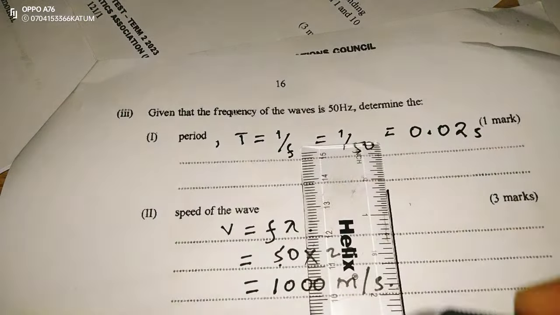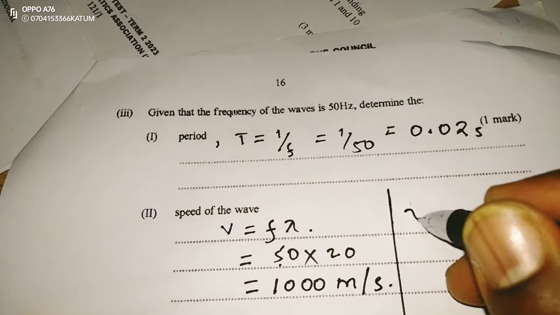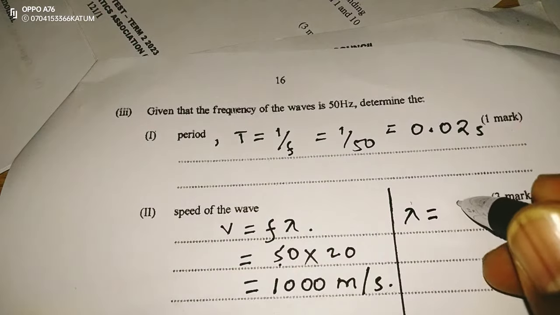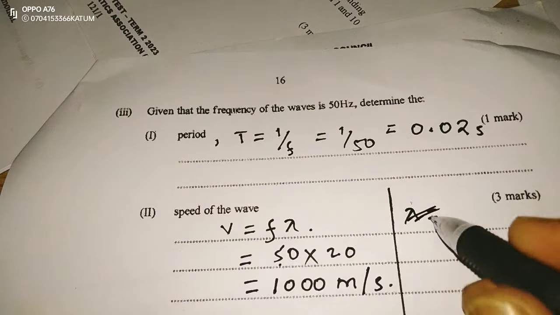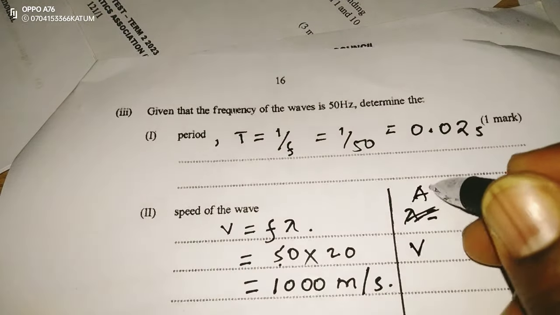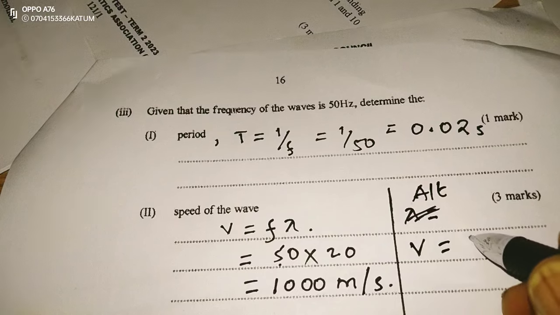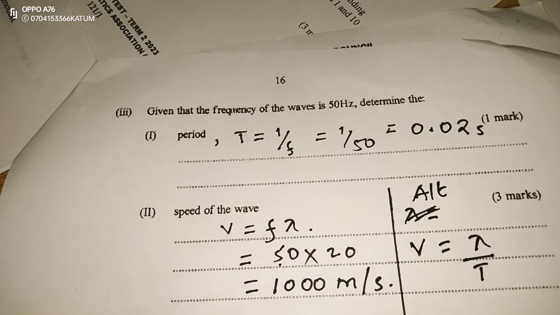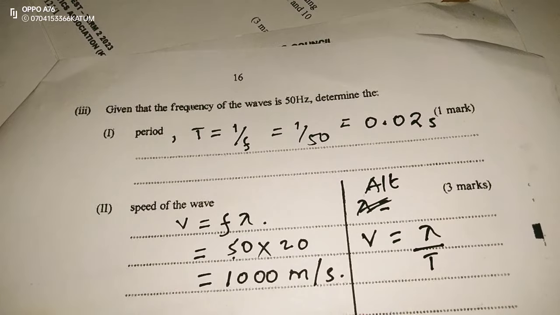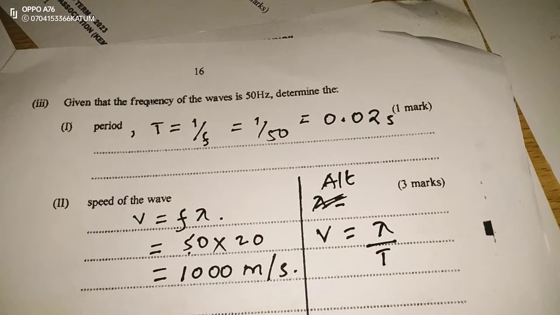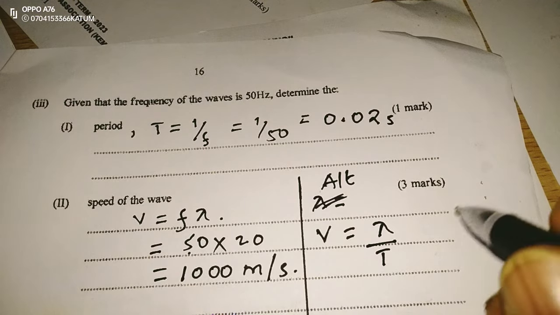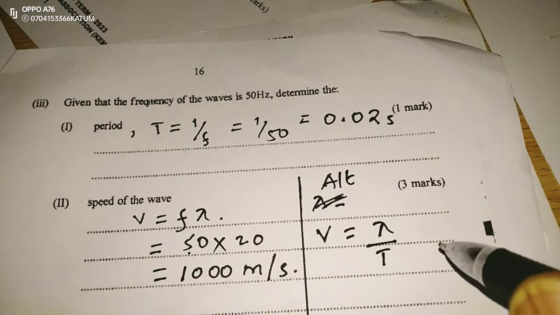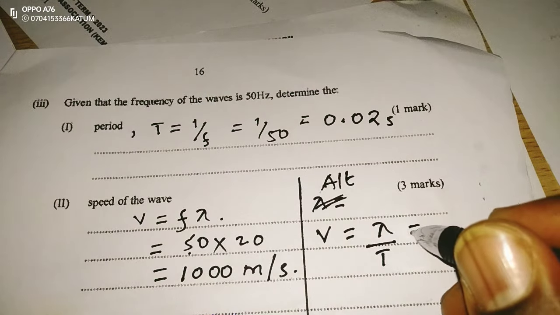Alternatively, speed can be given by lambda over periodic time, because lambda is the distance between 2 points which are in phase, and periodic time is the time taken to cover such a distance.